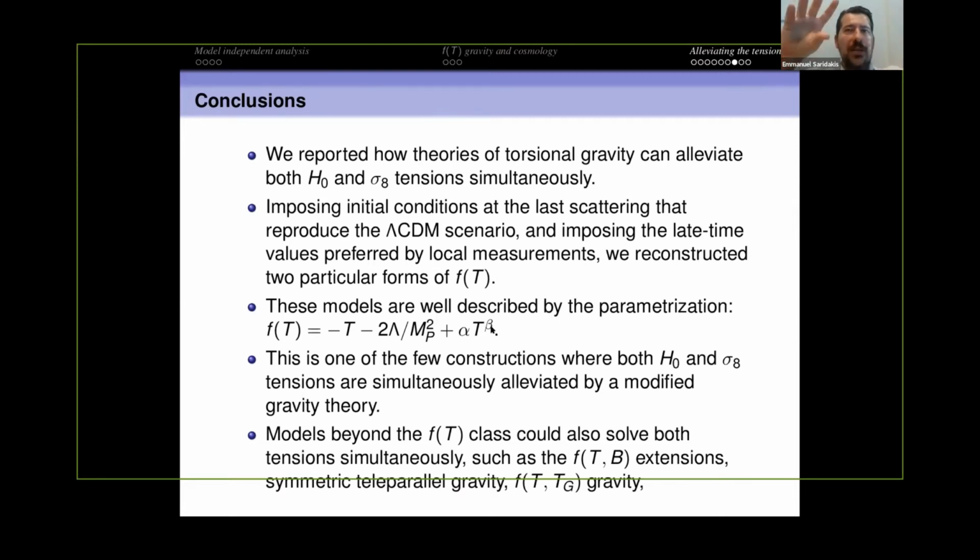So in a model independent way, first we understood what we need, and we need a modification that during the CMB times is 0 and plays a role at later times. And we were able to reconstruct it in F of T gravity. And of course, one could play the same game in different torsional modified gravities and in other theories.